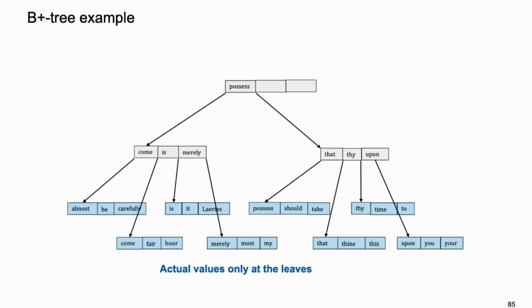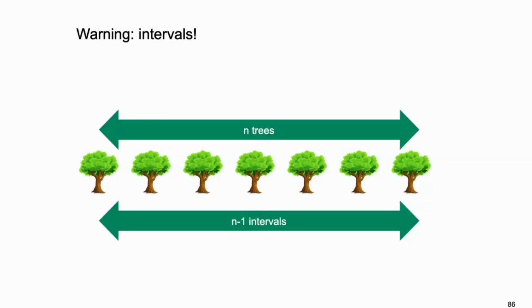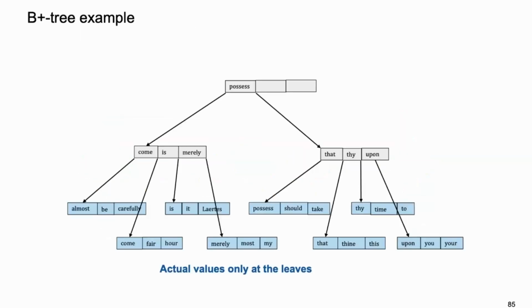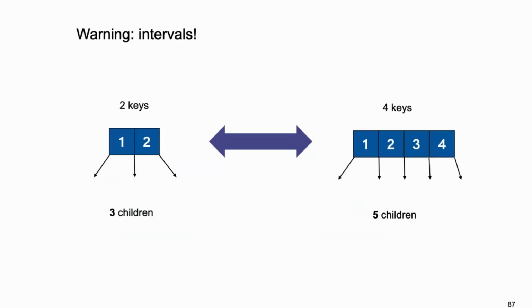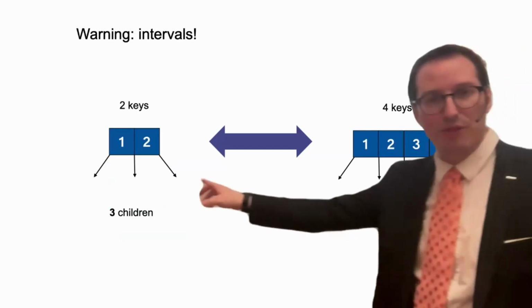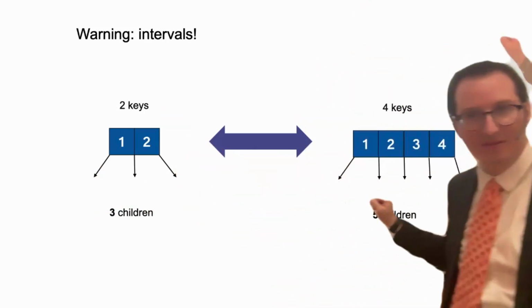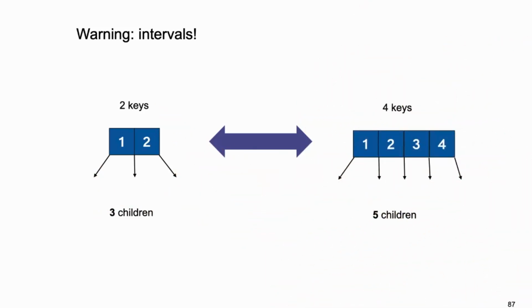If you have 4 children, do you agree you have only 3 values in between? There's 1 less. That's exactly the same consideration. So saying that I have between 3 and 5 children is the same as saying that I have between 2 and 4 values, right? That's equivalence. Okay, that's what I'm saying here. So you have here 3 children, so that means 2 keys. And here you have 5 children, so that means 4 keys.